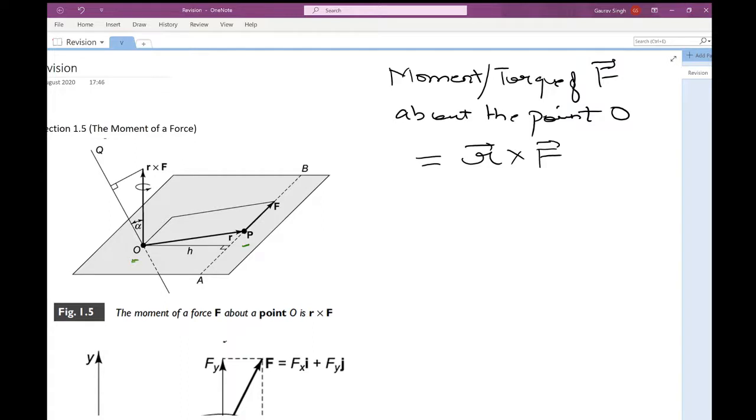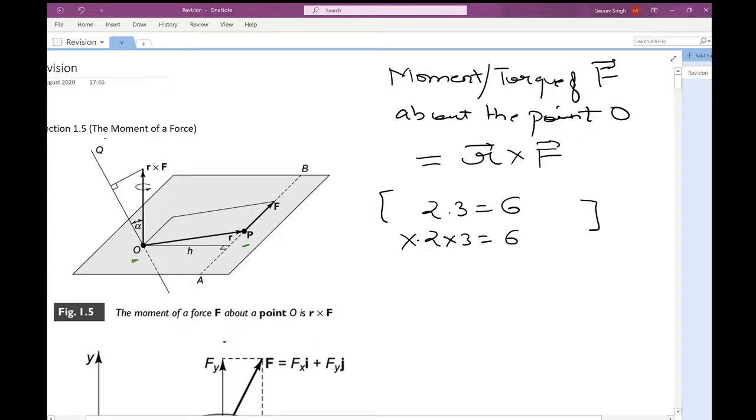Here is one other side note I want to give. In this course, and perhaps all the courses of engineering which you study, if you ever want to multiply two things, let's refrain from using the cross sign. For example, if you want to multiply 2 and 3, just write it as 6. The cross sign always means a cross product.